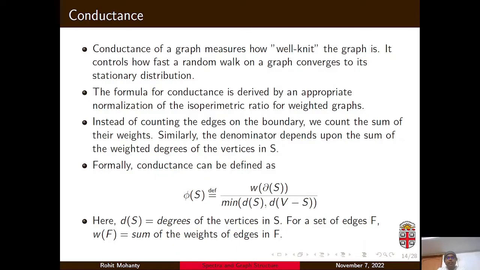Instead of counting the edges on the boundary, we can count the sum of their weights, and similarly the denominator depends upon the sum of the weighted degrees of the vertices in S. Formally, the conductance phi S is defined as W of del S upon the minimum of d(S) and d(V minus S). Here d(S) is the degree of vertices in S, and for a set of edges F, W(F) is defined as the sum of weights of edges in F.